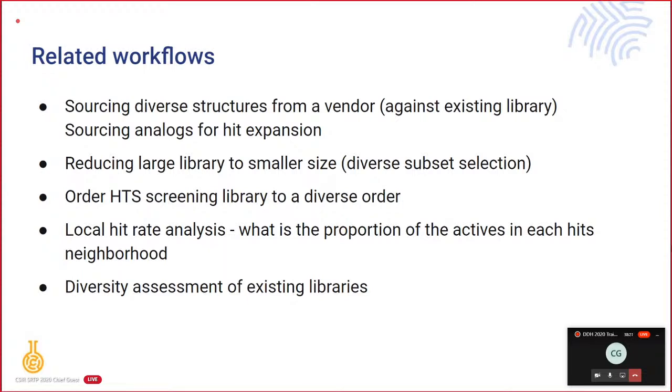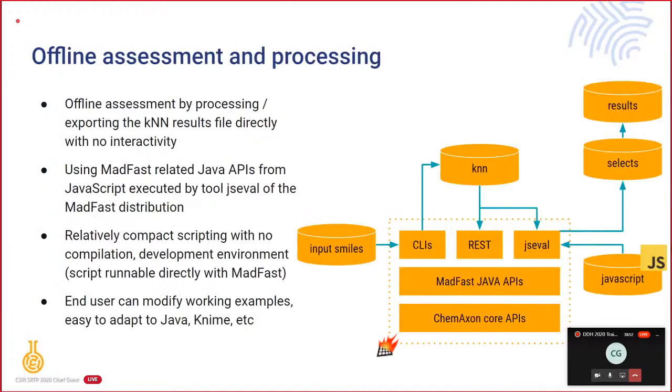It's also a valid approach to order a screening library into a diverse order, and it's also usable for more advanced analysis, for example, local hit rate analysis. All of these related workflows rely on the overlap analysis step as a data processing step.